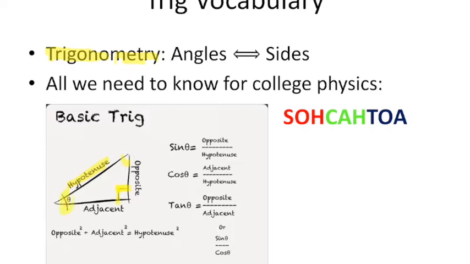If we're looking at this angle theta, then the side which is opposite to this angle theta, we call the opposite side, and this adjacent side is adjacent to this angle.